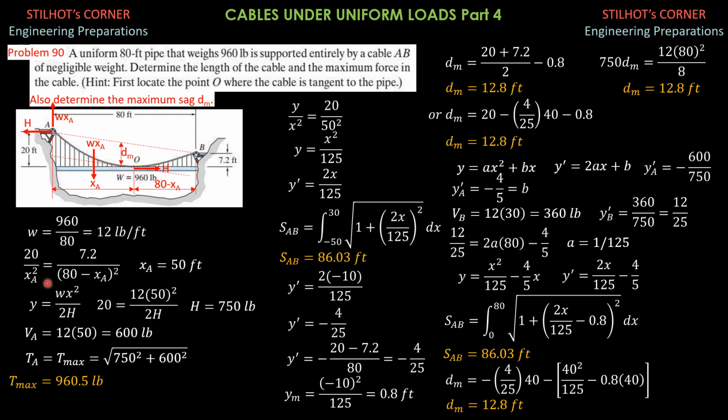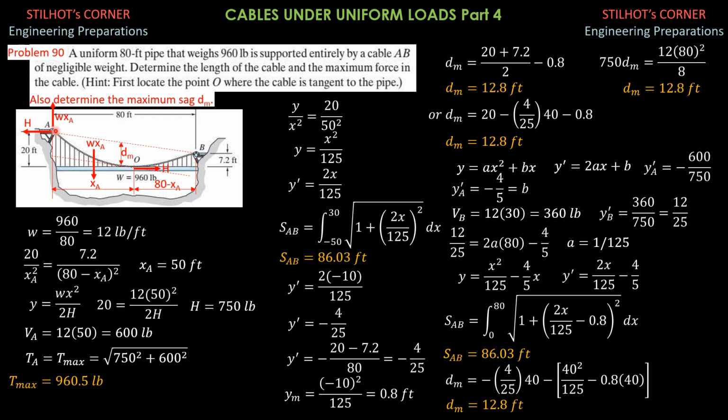So that's why you can easily derive that. So we just apply YA is 20 equals 12, XA is 50 from there, square over 2H, or H is 750. Another way is YB 7.2, W is 12, XB is 30, so 30 square over 2H, you will get the same result of 750 pounds.